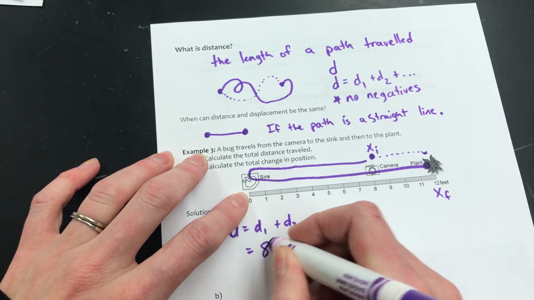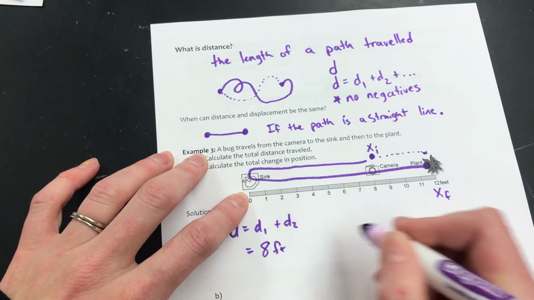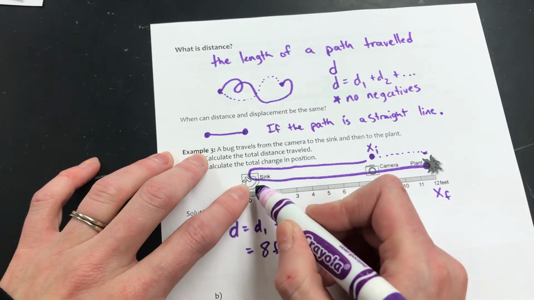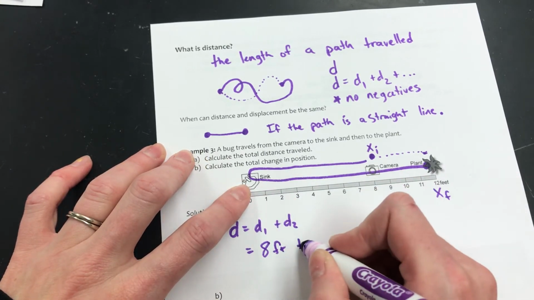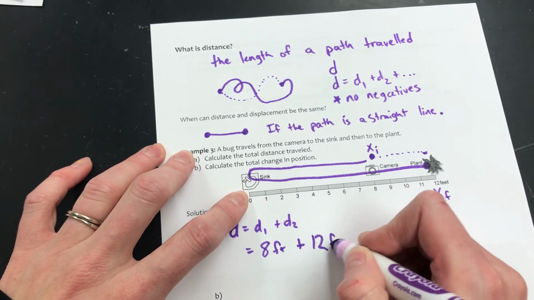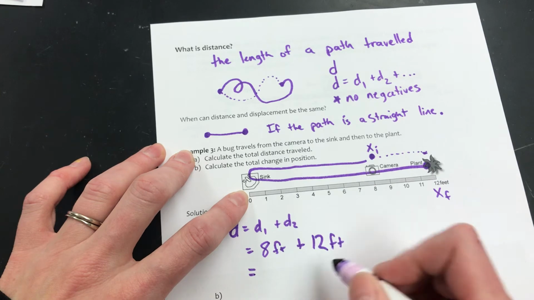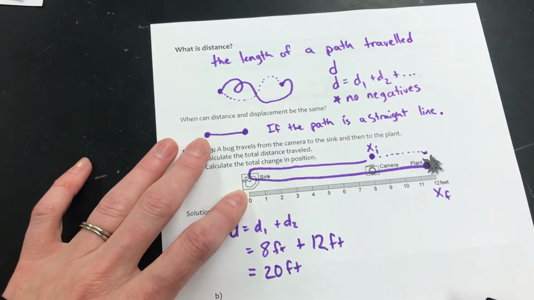So this is 8 feet. And then I'm going from the sink to the plant, and that is from 0 to 12. So that's 12 feet. When I add those together, 8 and 12 make 20 feet. So that's how far my bug traveled.